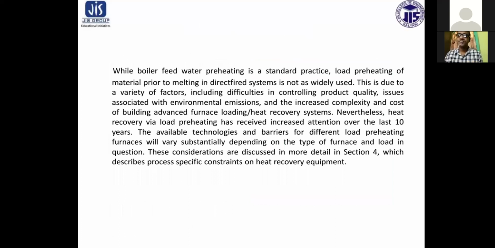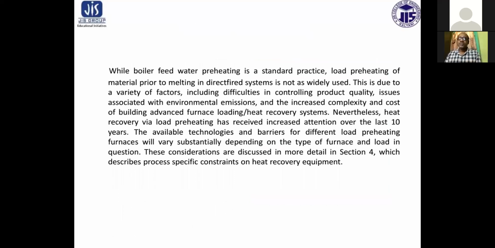Next. So boiler feed water preheating is a standard practice. Load preheating of material prior to melting in a direct-fired system is not as widely used.